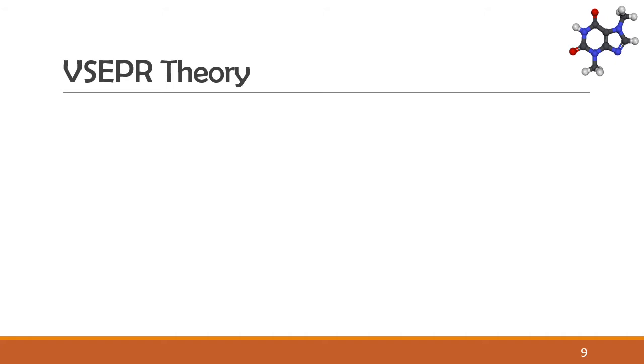Before we begin to learn about the different molecular geometries, we must first learn how to count electron groups. Electron groups refer to the bonding pairs and lone pairs around the central atom. Each lone pair of electrons is one electron group. Each bonding pair of electrons, whether single, double, or triple, is considered one electron group.